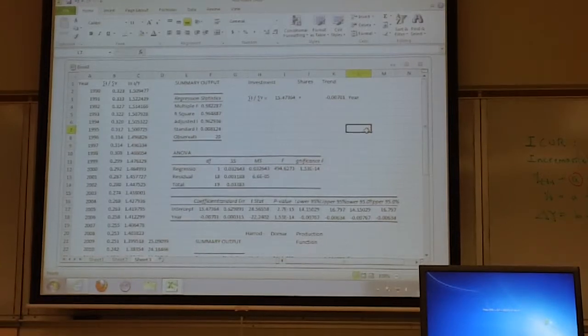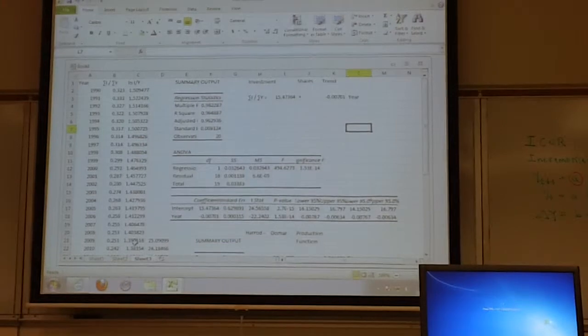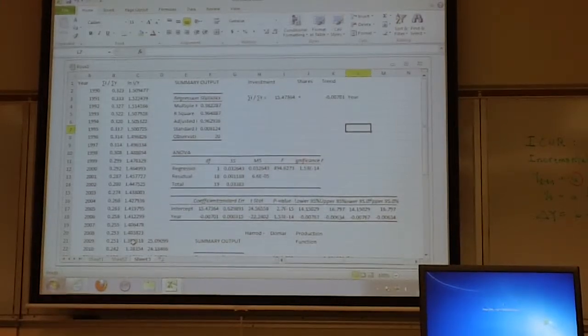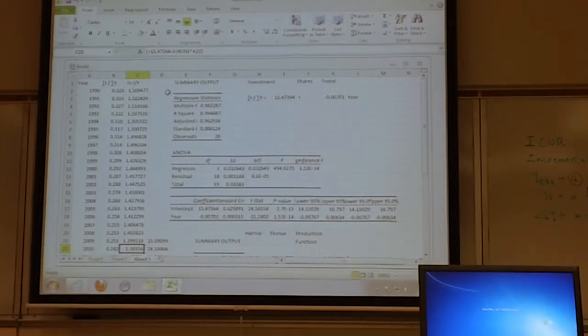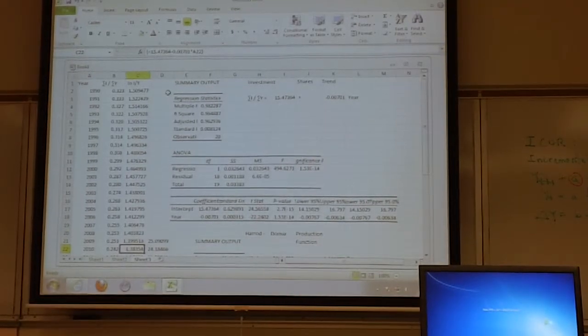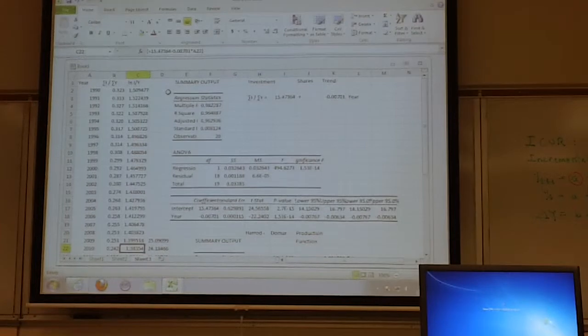That's the way we use our equation. So that's how we get these numbers from 2009 down. Over here, see how I get those numbers? Putting in that equation, my coefficients.